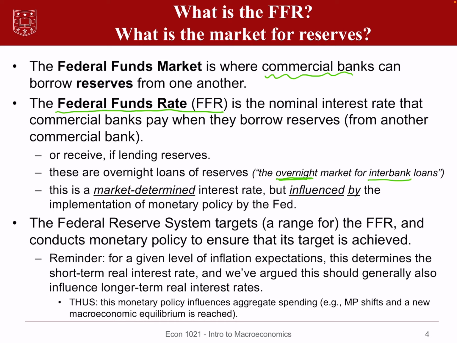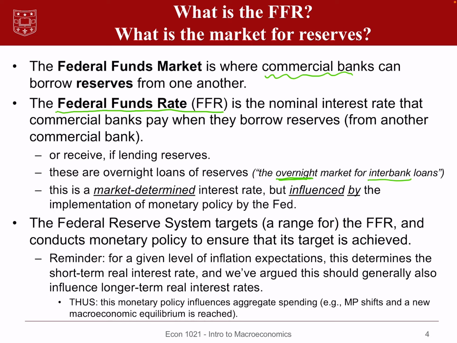The Fed funds rate is a market determined interest rate determined by the actions of these commercial banks, but it is influenced by the implementation of monetary policy by the Fed. And this is the important part, that it's influenced by what the Fed does.